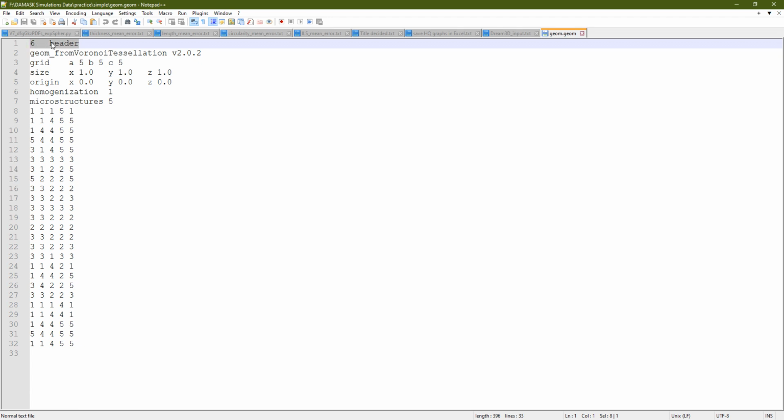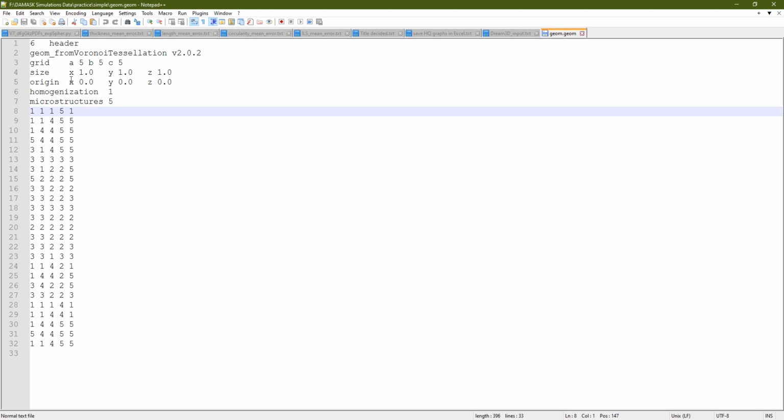This is always a must. It means there are 6 lines of header: 1 2 3 4 5 6. Excluding this line, there are 6 header lines. That means the geometry file actually starts from here.